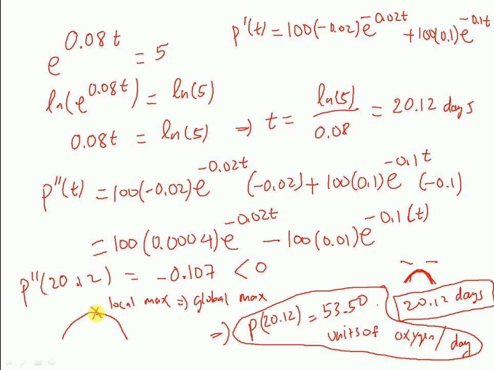So that should be the end of section 4.3. It's basically using the first derivative to test the critical point and the endpoints to find out which one gives you the max value of the whole function, or which one gives you the min value of the whole function.